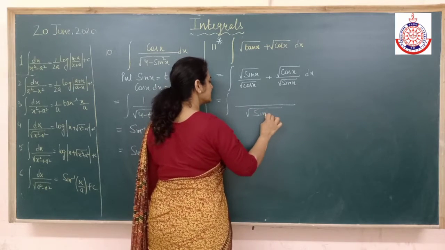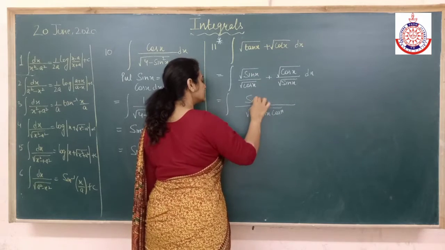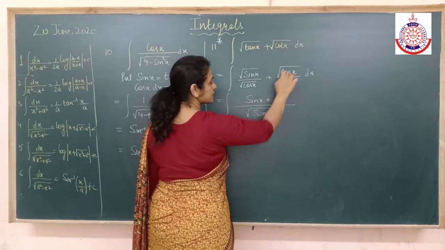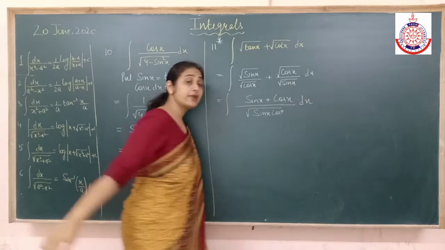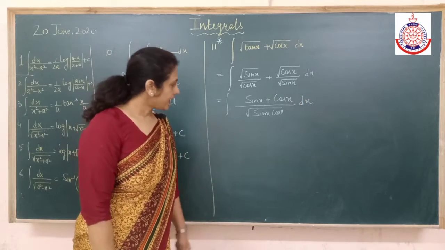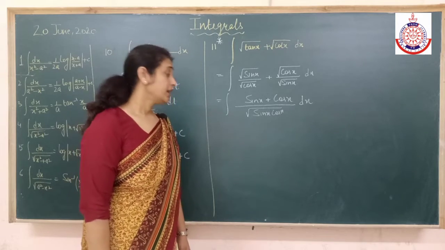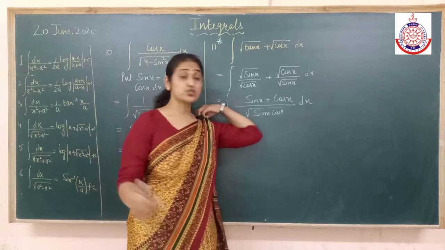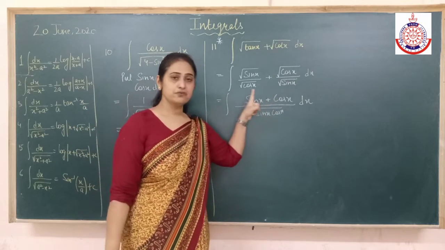So shall I write it like this? No problem. Root sin x, sin x. Root cos x into root cos x. It will be cos x dx. Alright. Now again, no result. It's not any form. If I had to integrate, if I had to put or convert into one of the forms here, this should be removed.